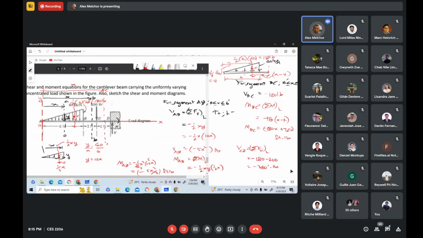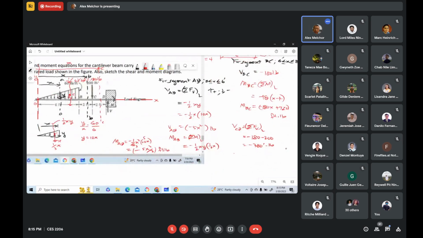Now, what is the moment equation for CD? For the summation of moments from the left, you sum up moments about this axis here. You cover the right portion of section CC. So what is the moment of this force about this axis perpendicular to the monitor? It is negative because this is acting downward. So minus 180 multiplied by the moment arm.